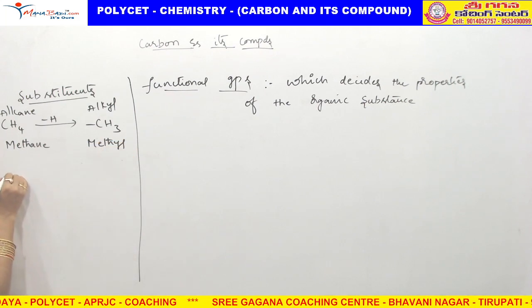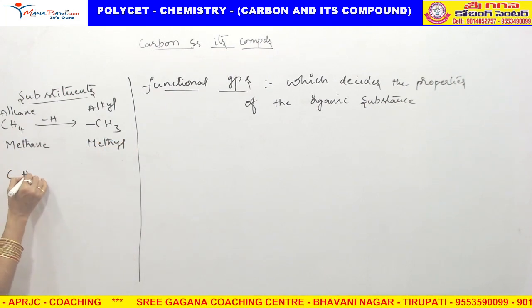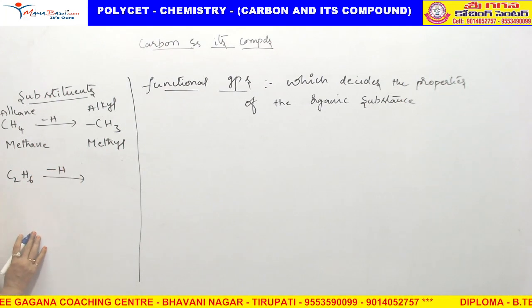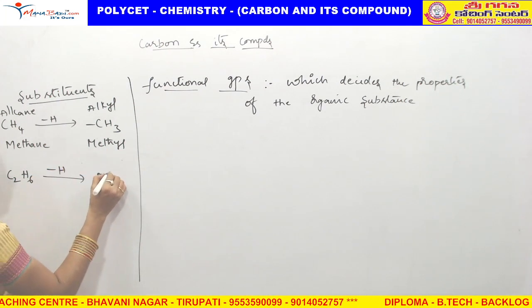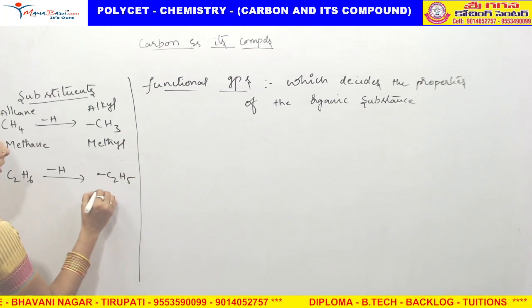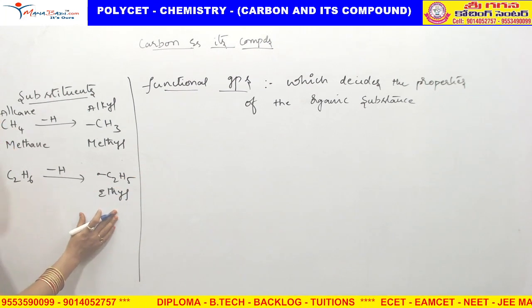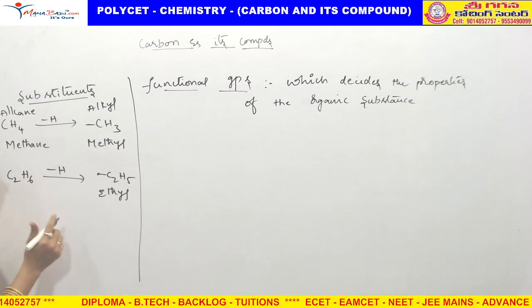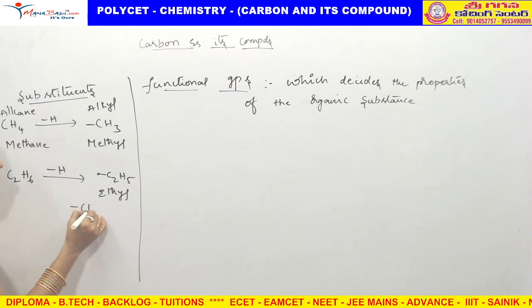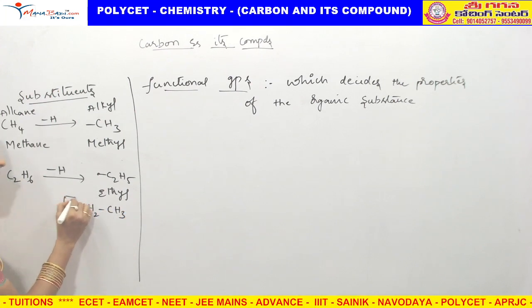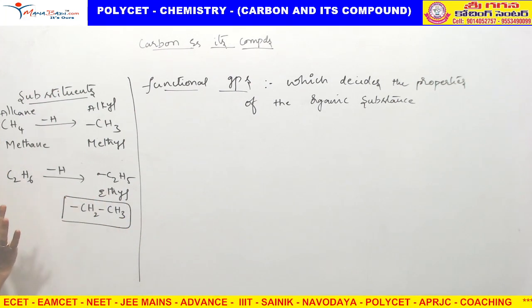Methyl. For example, C2H6, ethane. We will get, by removing one hydrogen, C2H5, ethyl. These are called substituents. Ethyl we can also write as CH2CH3, like this we can write the ethyl group.